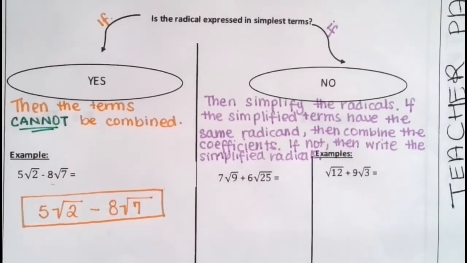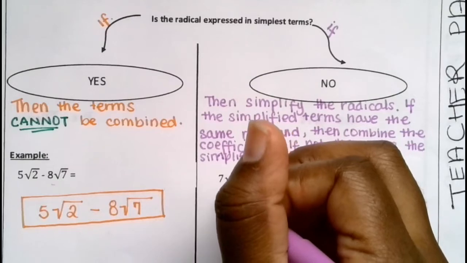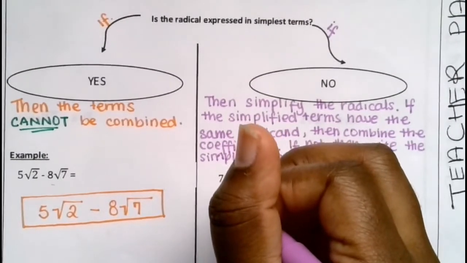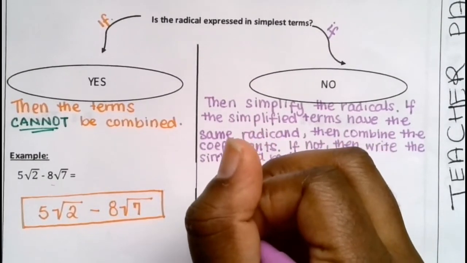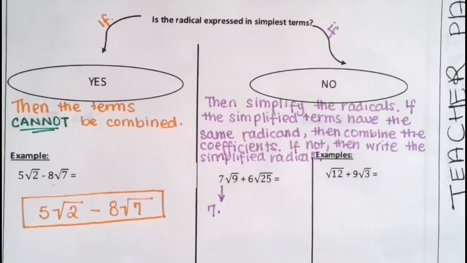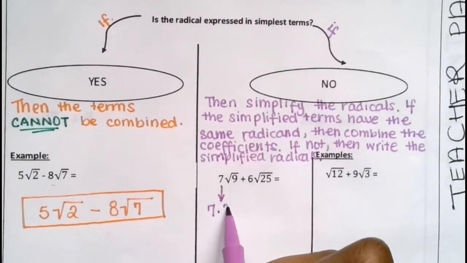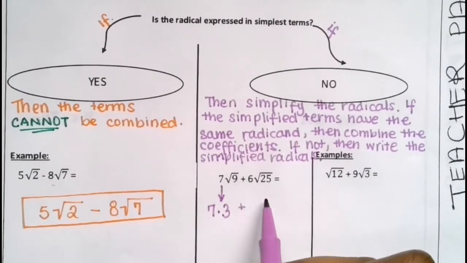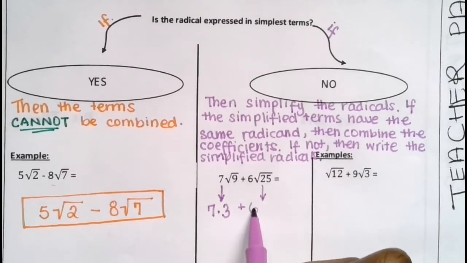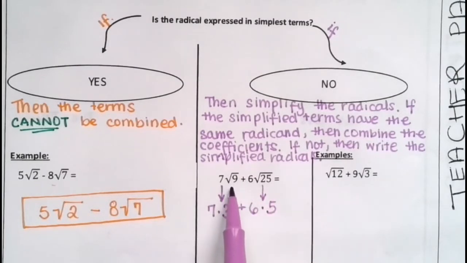Taking a look at this first example, I have 7 root 9 plus 6 root 25. I know that root 9 is a perfect square, so this will simplify to be 7 times 3, because the square root of 9 is 3, plus 6 times 5, because the square root of 25 is 5.